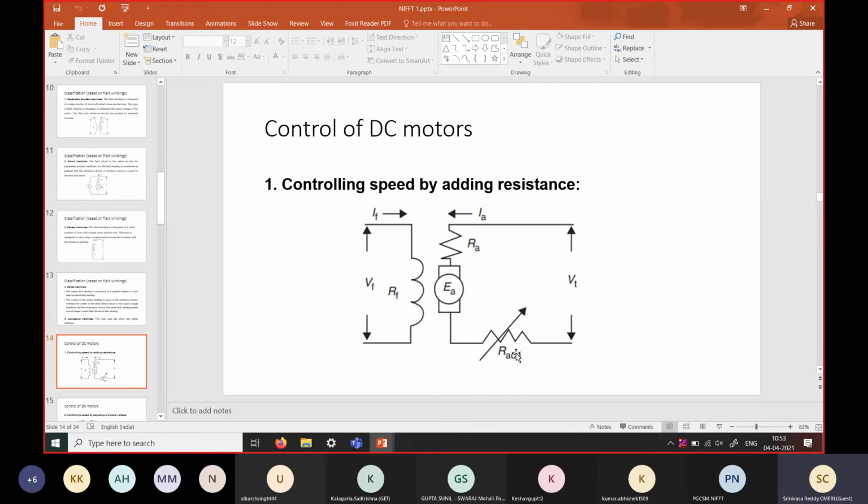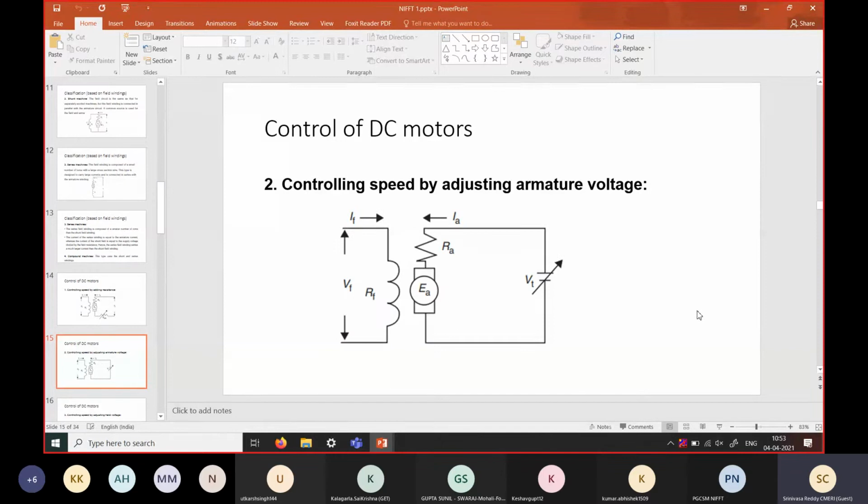If you use a larger resistance, the voltage is going to drop and the current is going to decrease. Then the magnetic field intensity also will reduce, which will result in lower speeds, and decreasing the resistance will increase the speed of the motor.